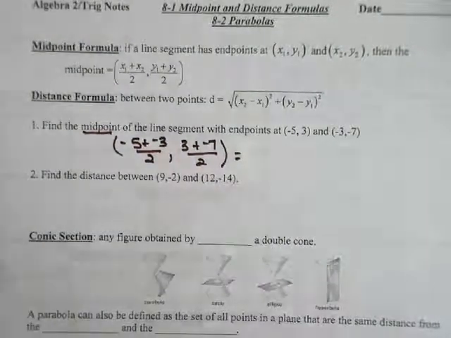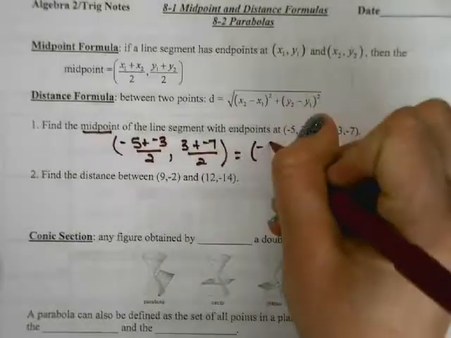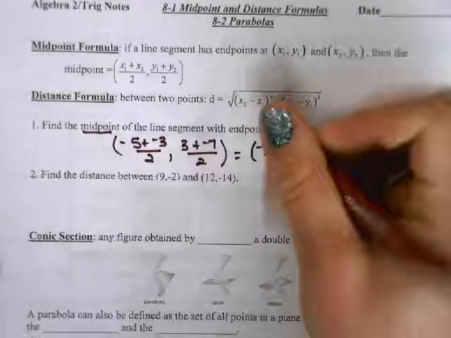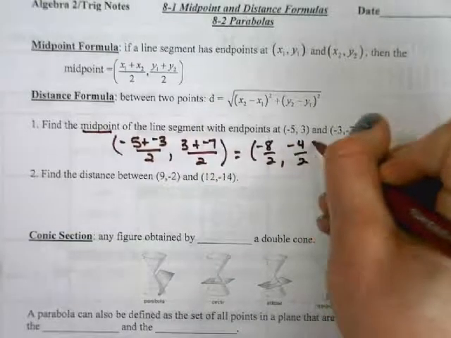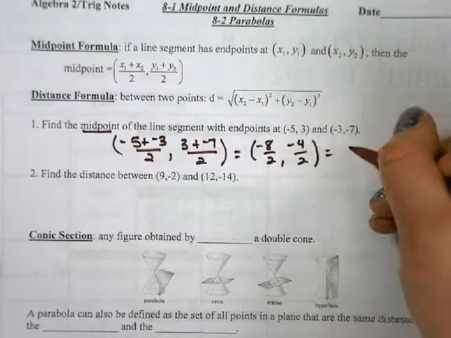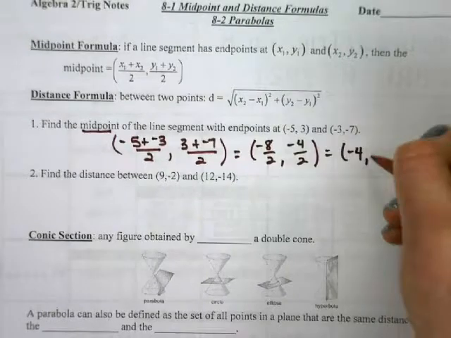So a -5 plus a -3 is -8 divided by 2. 3 plus a -7 is -4 divided by 2. This guy works out nicely to get (-4, -2).